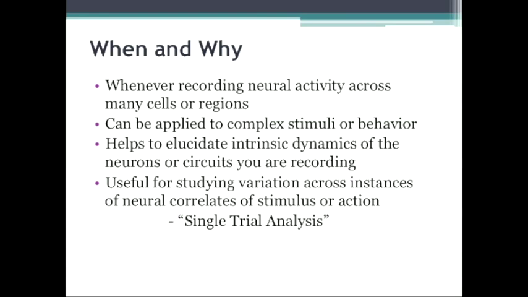Roughly speaking, whenever you're recording neural activity across many cells or many brain regions, you want to use some sort of dimension reduction algorithm, and that will help you understand the intrinsic dynamics of the circuits you're recording. So the key here is this shift from averages across many trials to single trial analysis.